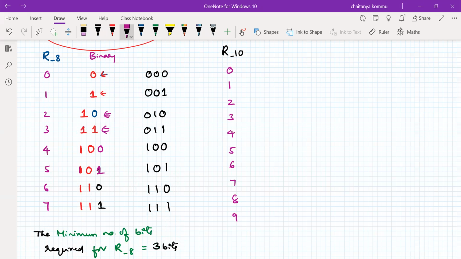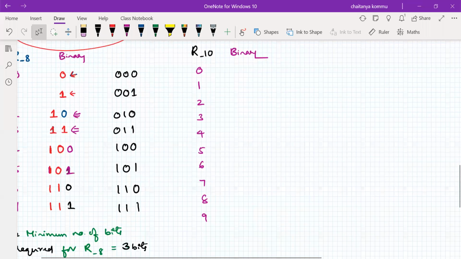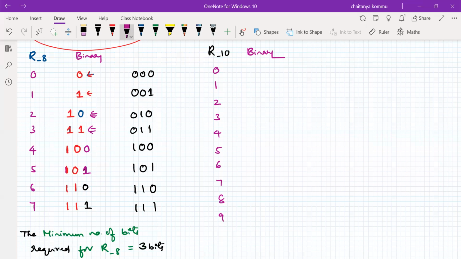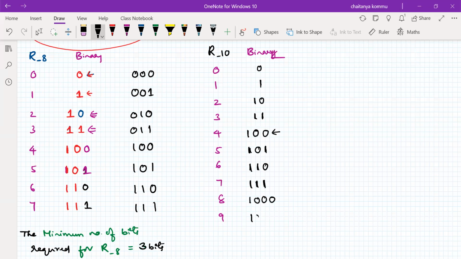What is the binary equivalent? Same procedure. 0, 1, then 10, 11, then 100, 101, 110, 111, next will come 1000, 1001.